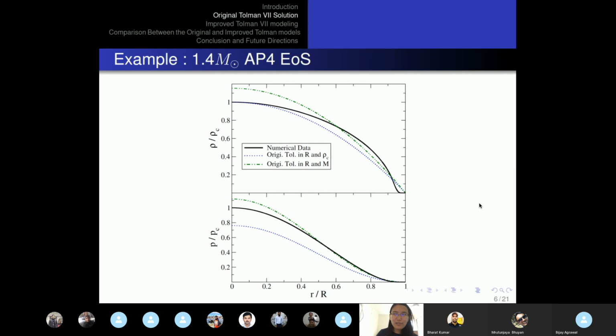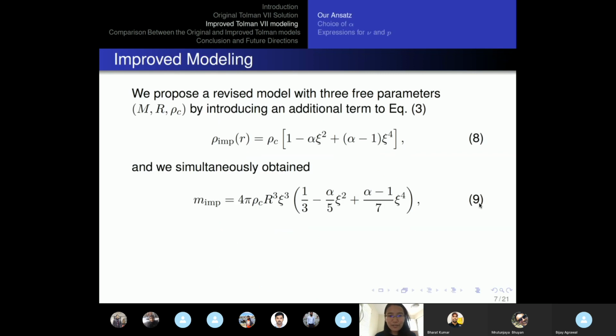So how do we make rho c, R, and M all enter this expression? Here we propose a revised model with three free parameters, M, R, and rho c, by introducing an additional term to equation 3, which is this term, the one quartic in r.